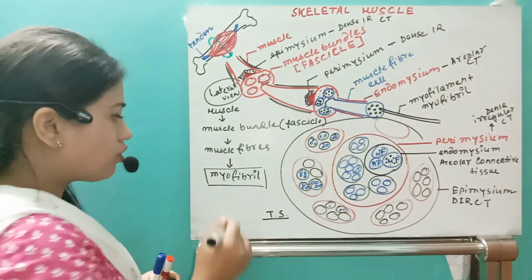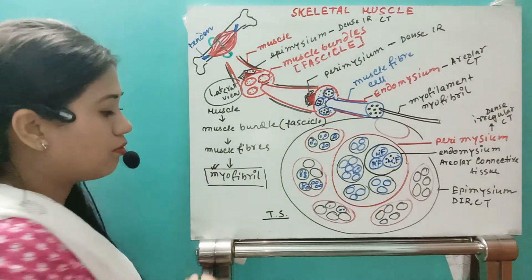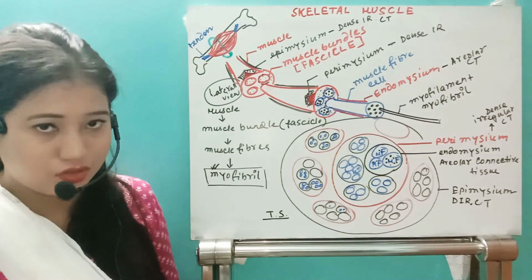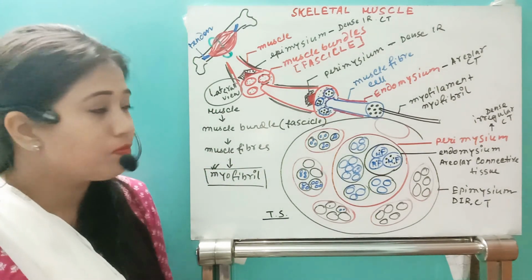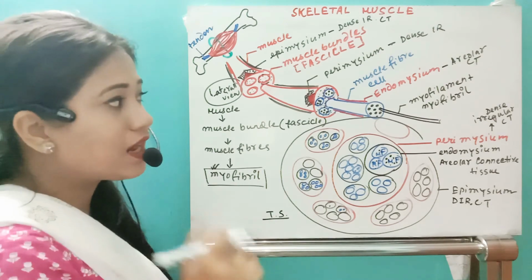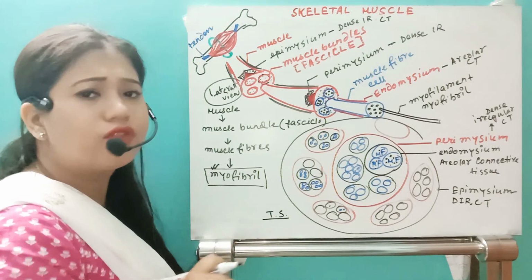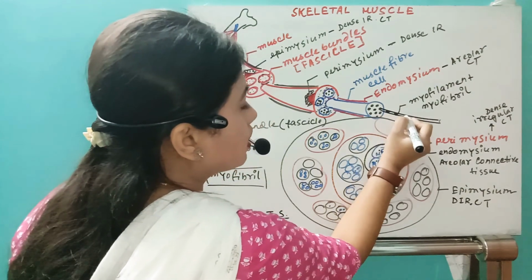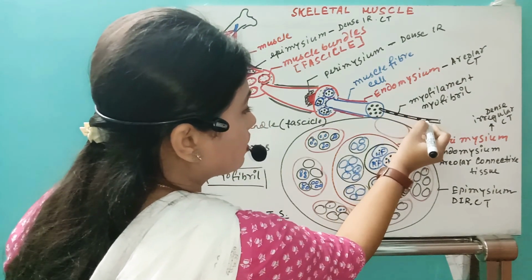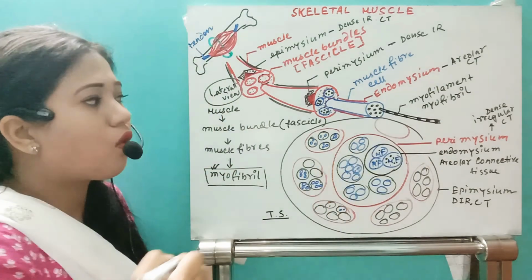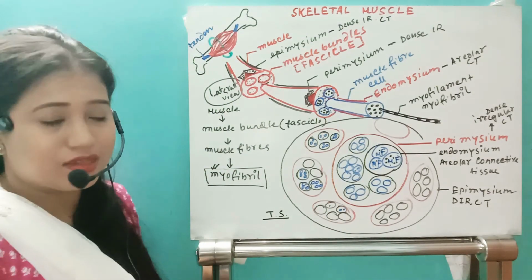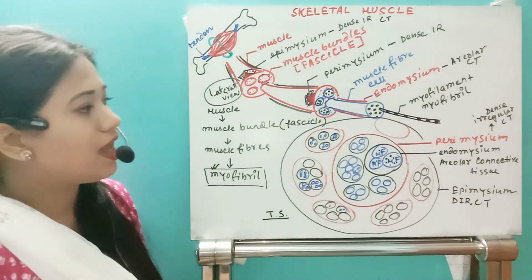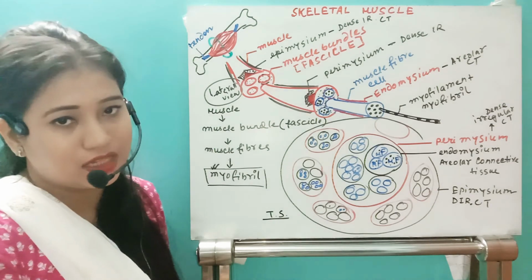Now our point of concentration should be these myofibrils. Why? Because inside the myofibrils, we are going to see alternate light and dark bands. What are all those light and dark bands, and how are they present? Everything we will see in the next video.